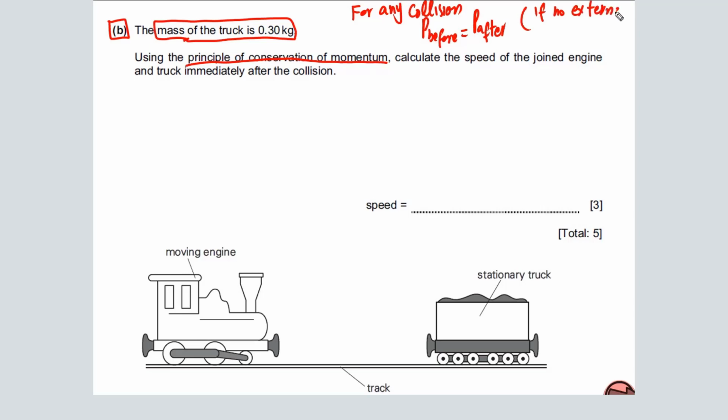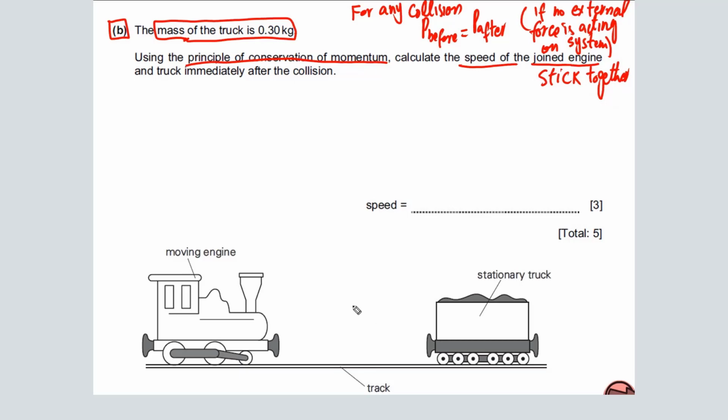This is for part B. We need to calculate the speed of the joint engine. This is very important: the joint engine, meaning the engine and truck stick together.